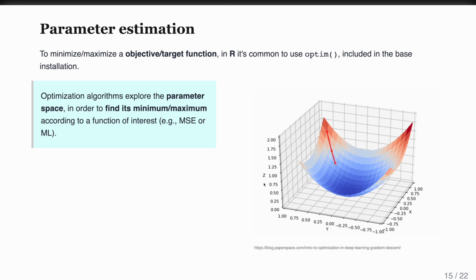Let's take MSE, because we minimize MSE. The optimization function tries various values of x and y, trying to find the point in the parameter space that minimizes this function. In this case, it's quite simple because it's a so-called convex problem, so there is one single place which is the best, the minimum.